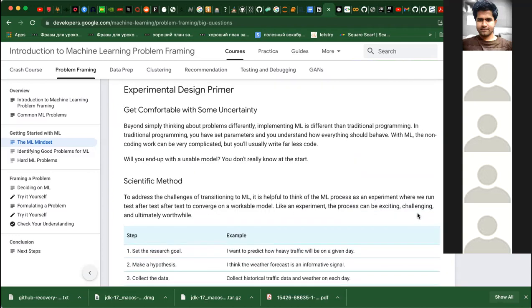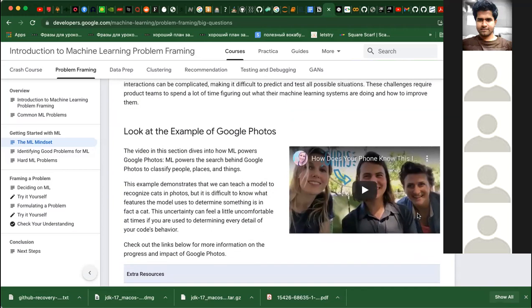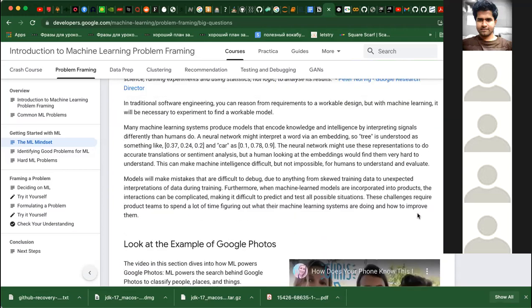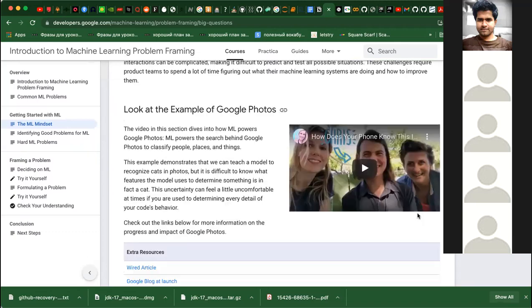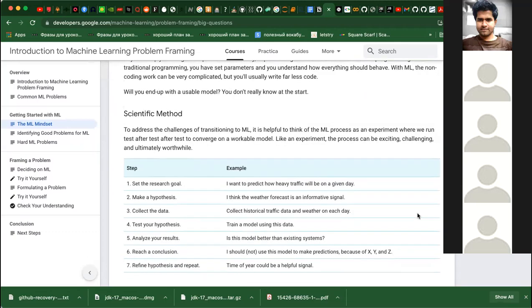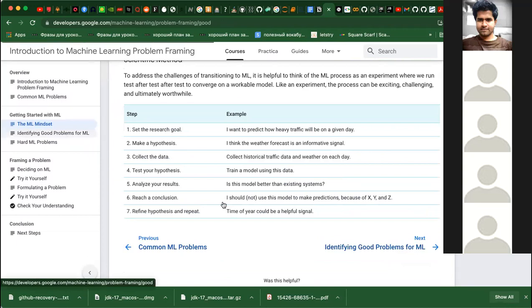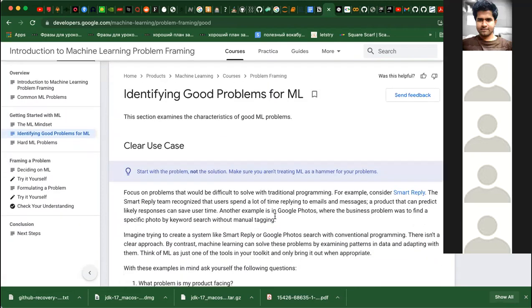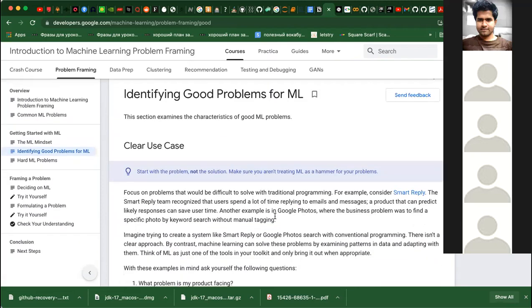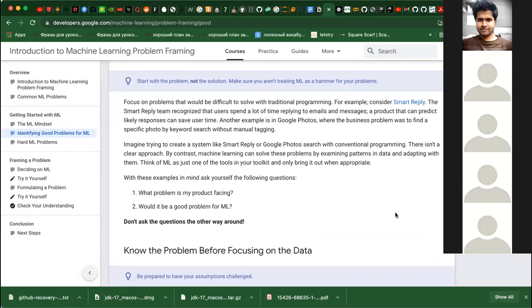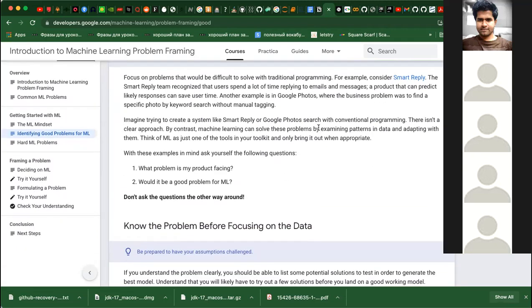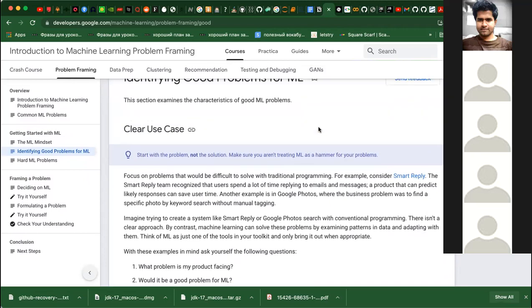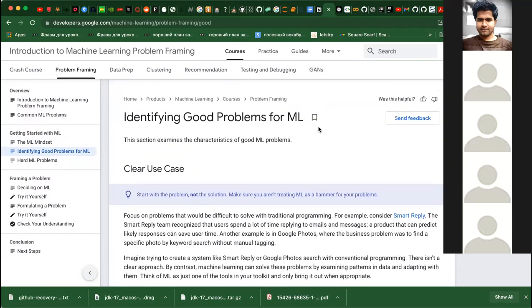And it's the same cycle of events when we do machine learning analysis. And then the question is, how do we define the problem? There are some good problems and hard problems for machine learning. Could someone describe what we should think about when we decide on a problem for machine learning?